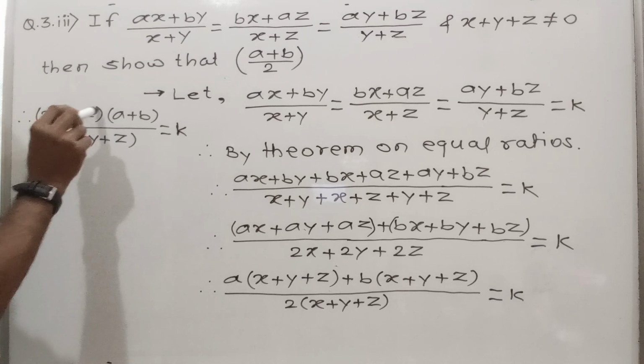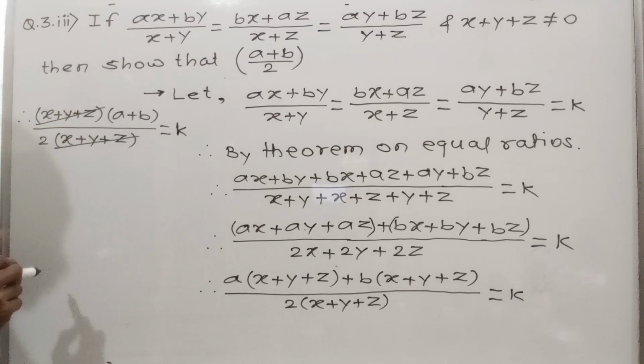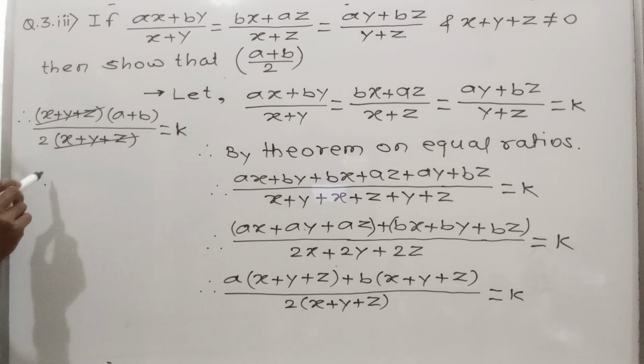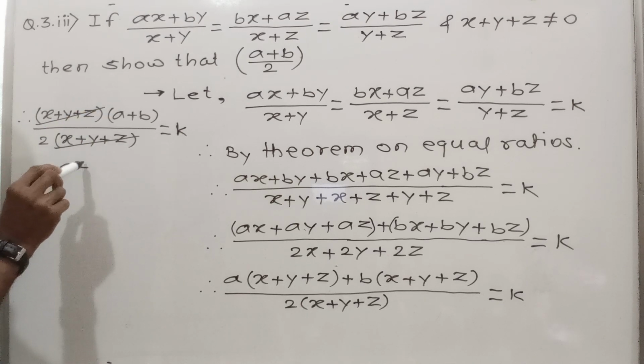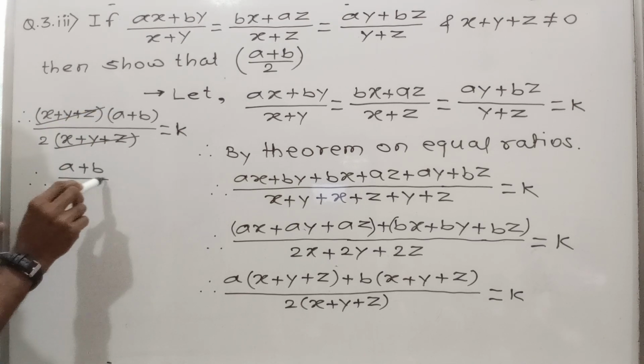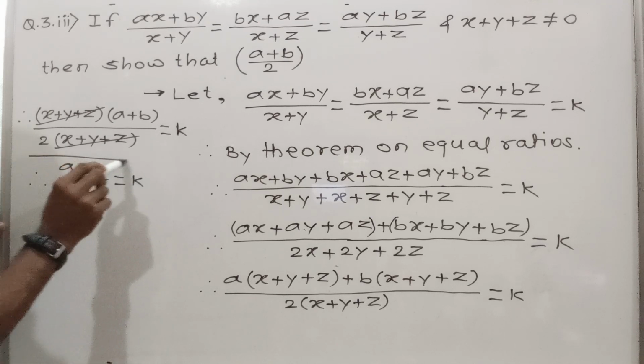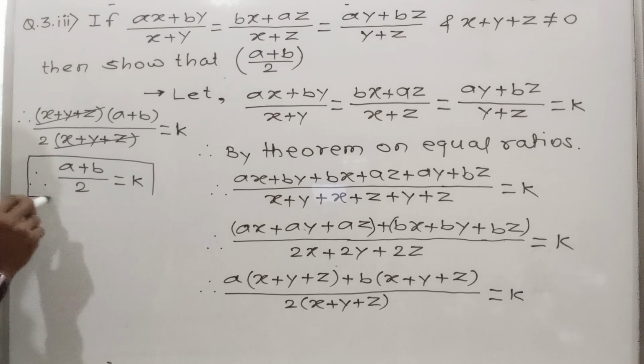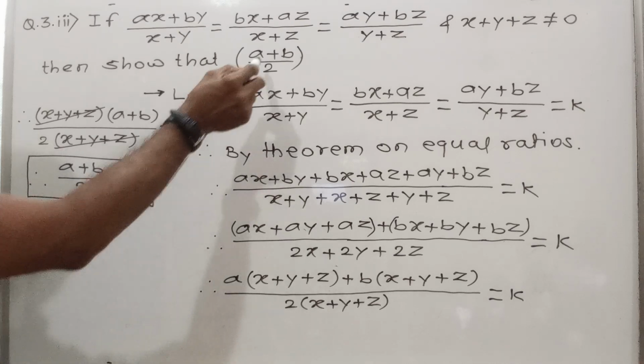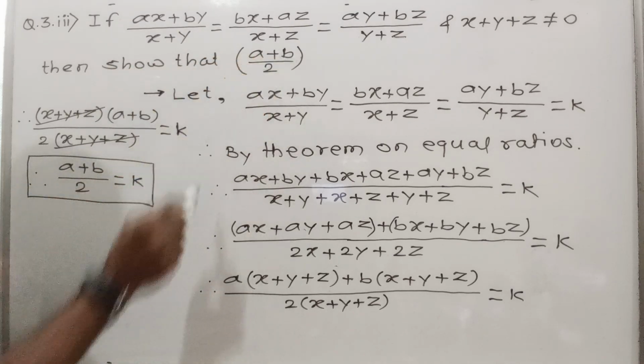Now here this bracket and that bracket cancel. Therefore, (a + b)/2 is equal to k. This is our to-prove. Show that (a + b)/2.